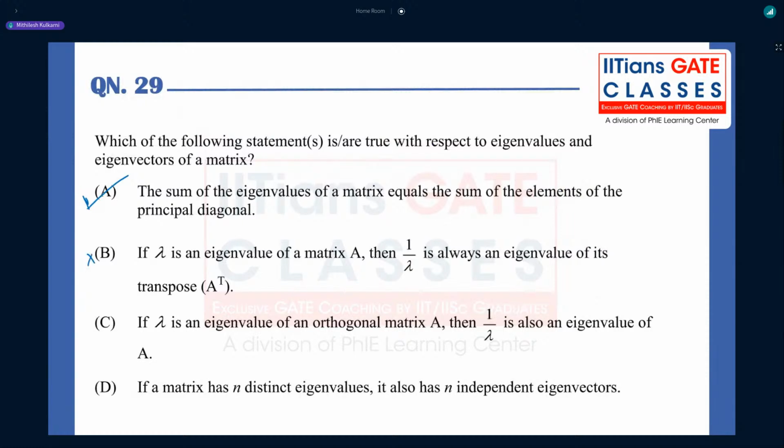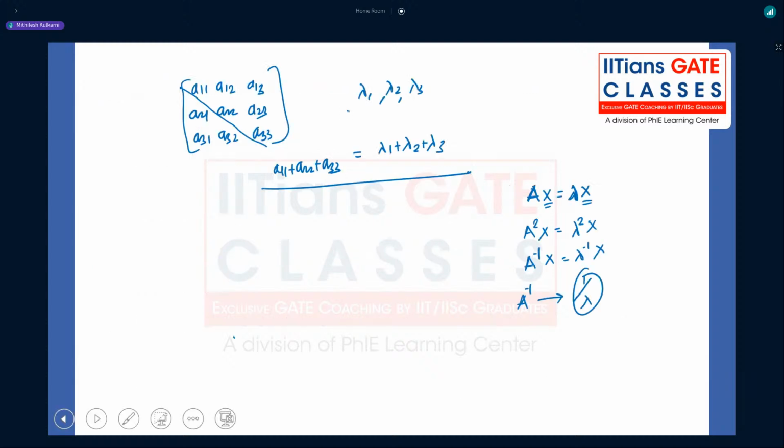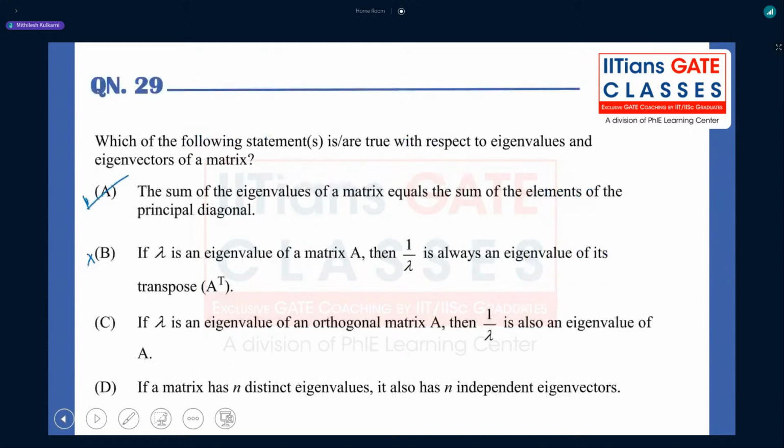Coming towards the next statement: if lambda is the eigenvalue of an orthogonal matrix A, then 1 upon lambda is also an eigenvalue of A. So what is an orthogonal matrix? An orthogonal matrix is one where A transpose equals A inverse. In that case, we call it an orthogonal matrix.